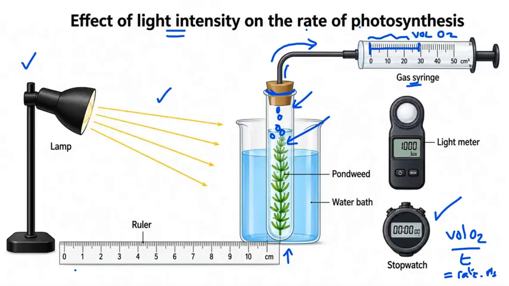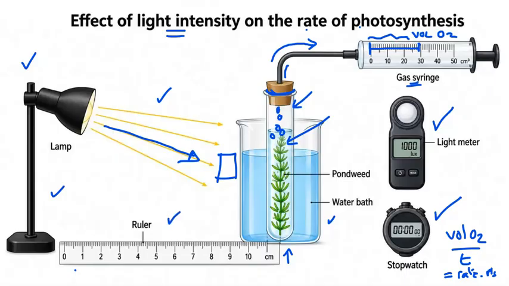Whilst distance between the bench lamp and the beaker sounds like a way to measure the light intensity, this is in fact an error, and it's necessary to also use a light meter, which we place at this position here to measure the light intensity at any given distance.